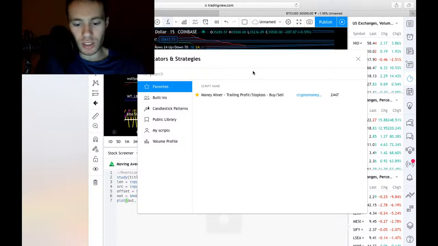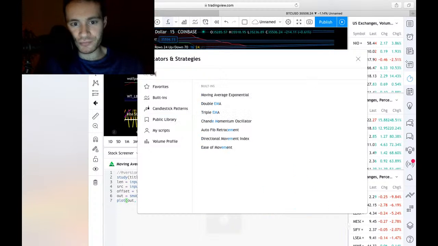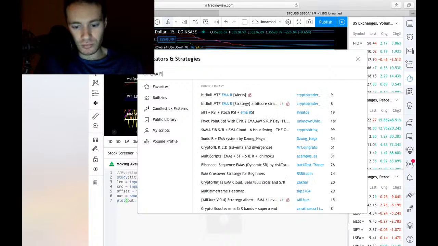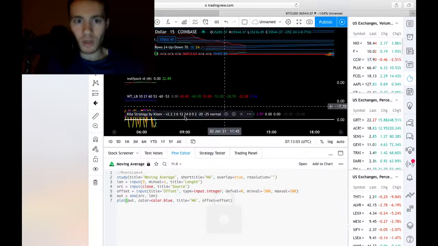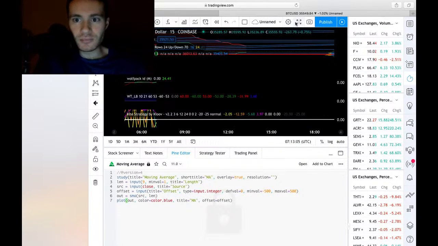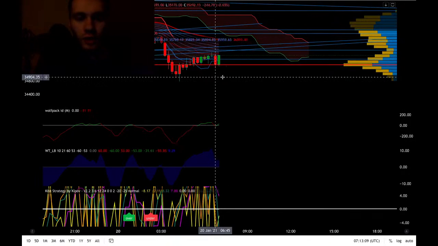So we had Ichimoku Cloud, we had the EMA ribbon. We just need better tech. Alright. Okay, cool, it's not crashing.